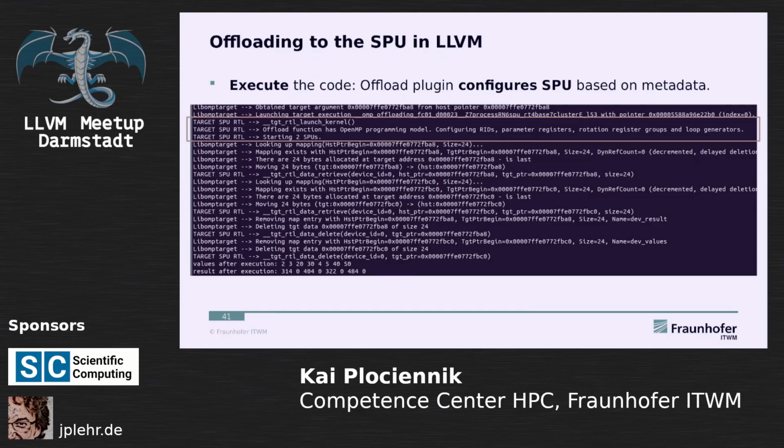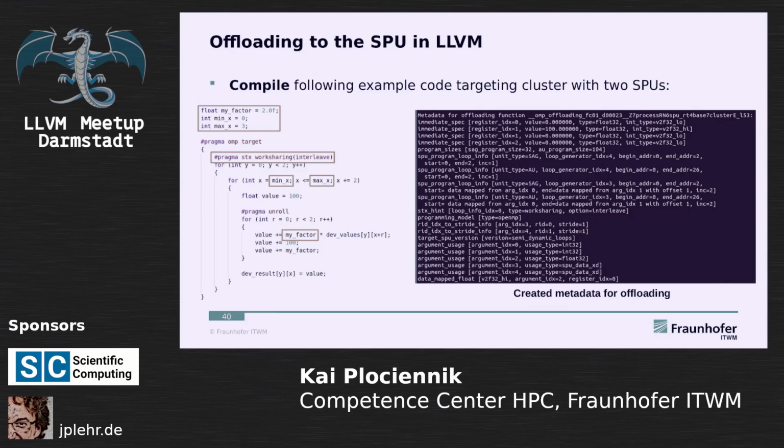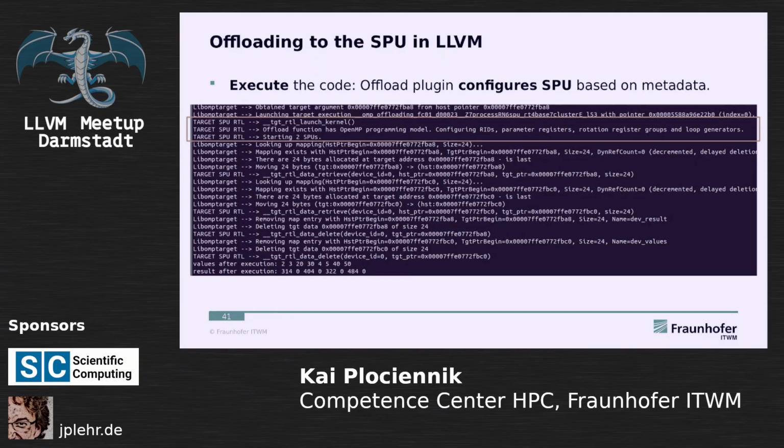I'm configuring the resource identifiers, some registers, loop generators, and so on. And I'm starting 2 SPUs because there also was a work sharing hint. I've shown it here. It says pragma STX work sharing because we want to automatically do some kind of interleaving work sharing for 2 SPUs here. So the plugin can automatically determine this based on the metadata and do the computation accordingly. That's how we implemented support for a specialized instruction set architecture in OpenMP Offloading in LLVM.